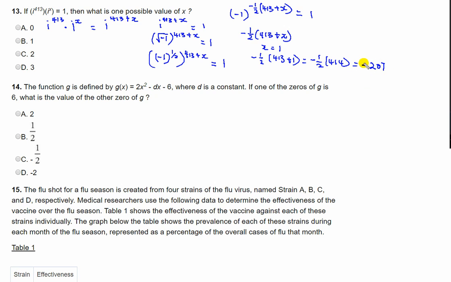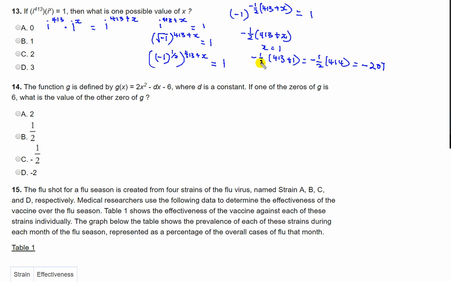Now this becomes an odd number. So if this becomes an odd number, then it becomes a negative value. You will not get a 1. So x equal to 1 doesn't work.